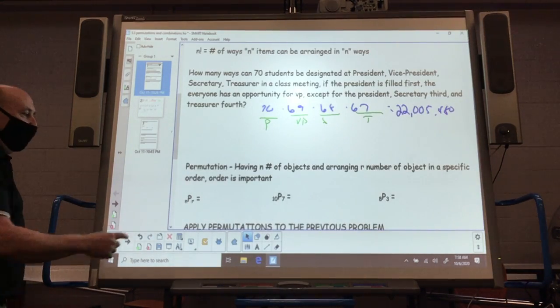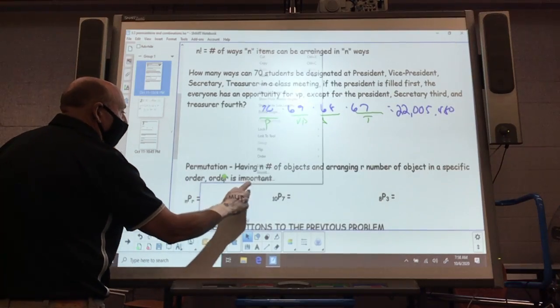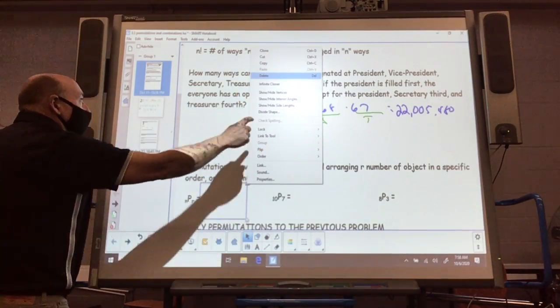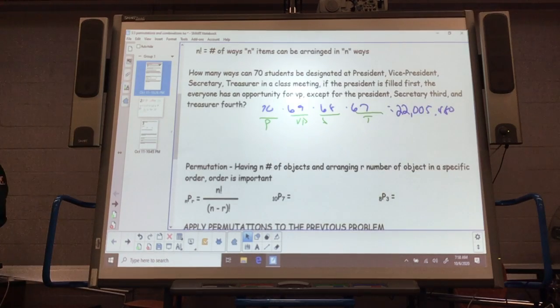How do we calculate nPr? It is n! divided by (n minus r)!. Yeah, 2 factorials there.